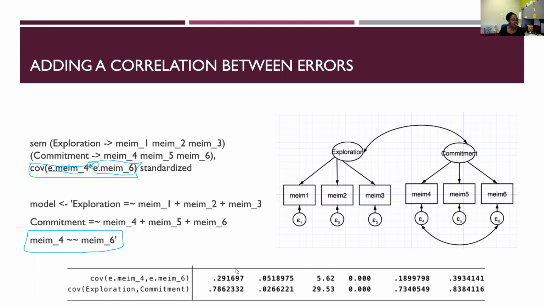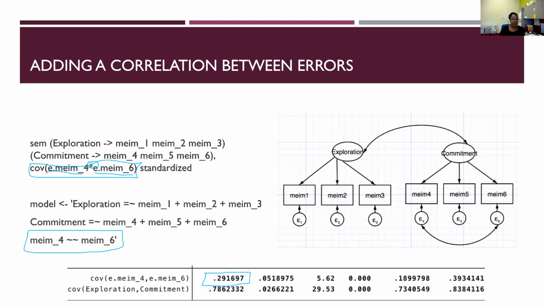So if we add that covariance in there, what you can see is that we now get a line for it in our output. And we see that the correlation between the error term of meim4 and meim6 is 0.29, which is moderate. So that it is actually something there. And that would give us a slightly lower chi-square and higher fit indices.